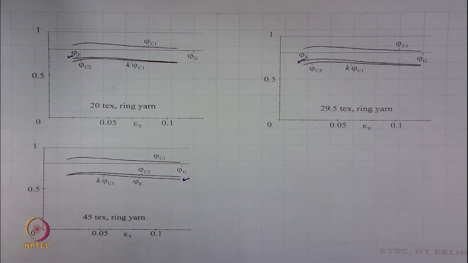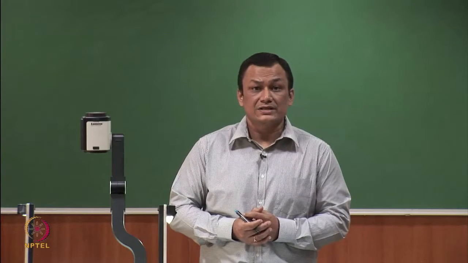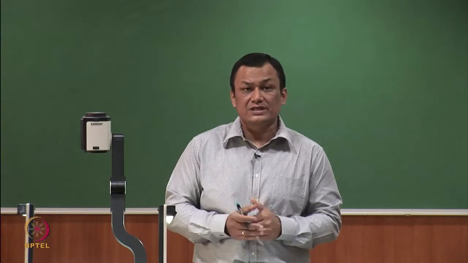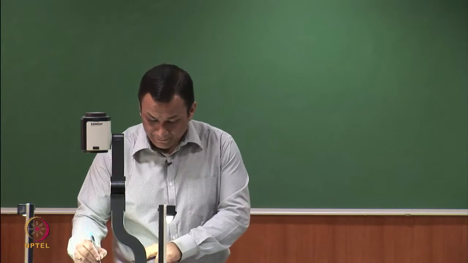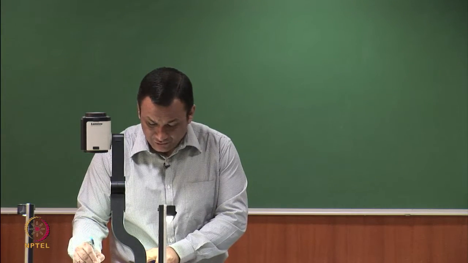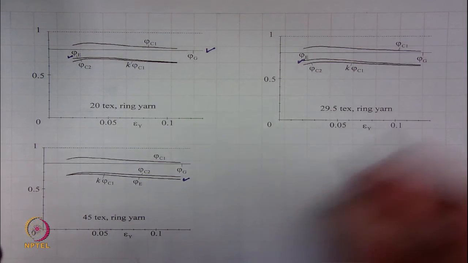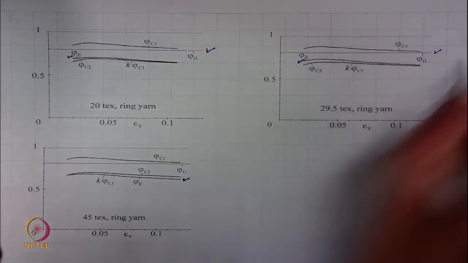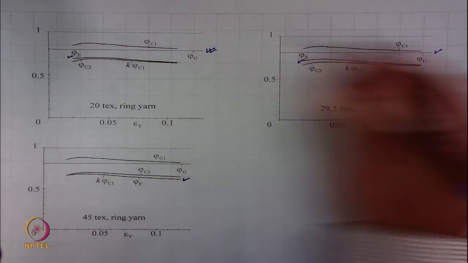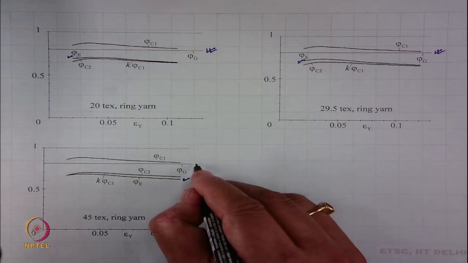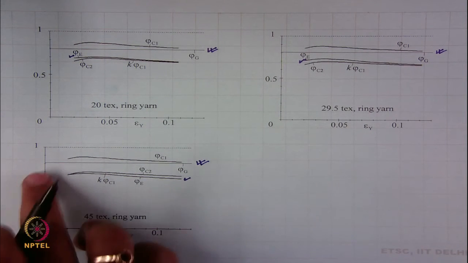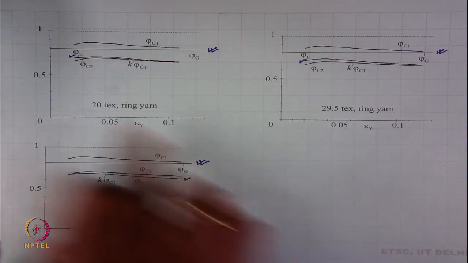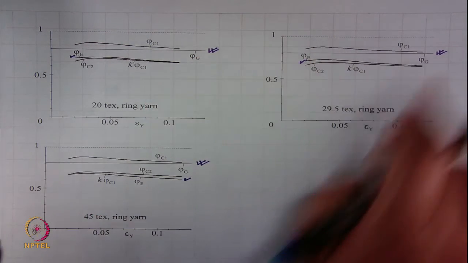As you understand, because the fiber stress strain relation is linear, Gegop's equation always gives you the same values for different levels of strain. This is the Gegop's equation for 20 ticks, this is for 29.5 and this is for 45. This straight line is parallel to the x axis.